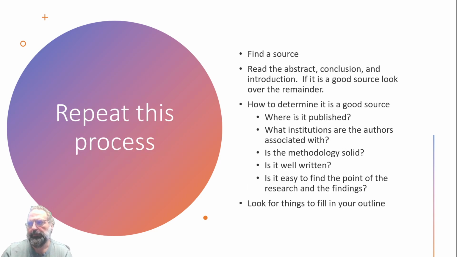You go out, you find a source, you read the abstract, conclusion and introduction. If it's a good source, keep going, being prepared to pitch it as you go. How do you know what good looks like when you're reading that paper? Well, where was it published? Generally speaking, it's hard to get a bad article published in a good source. So most of the things by ACM, IEEE, and so on are going to be high quality.